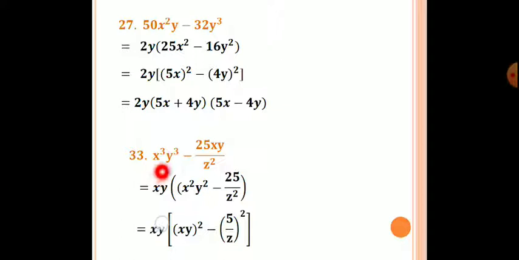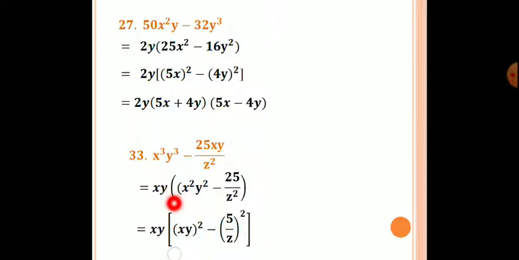Question number 33. x cube y cube minus 25xy divided by z square. We can take an xy common from these two terms. So xy is common. From the first term, what is remaining is x square y square minus 25 by z square.